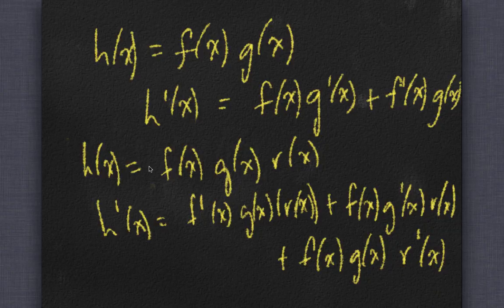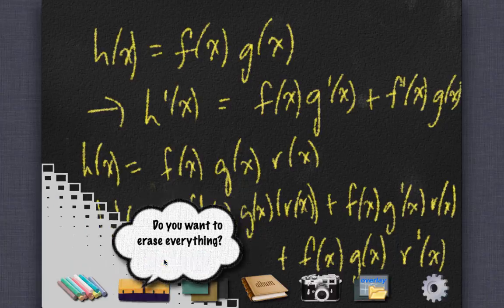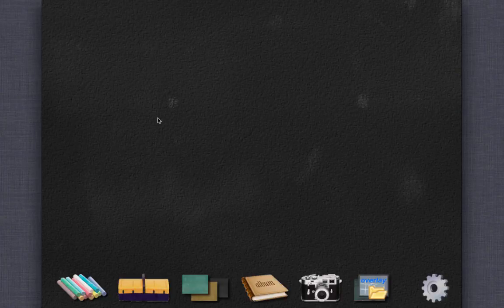But in particular, we're going to focus here when we have two. And you can actually sort of use this one to prove this one, and so on and so forth, where each time you take the whole product, take the derivative of one at a time, f, then g, then r. If there were four of them, then you'd have one more where you take the derivative of the last one and so forth.